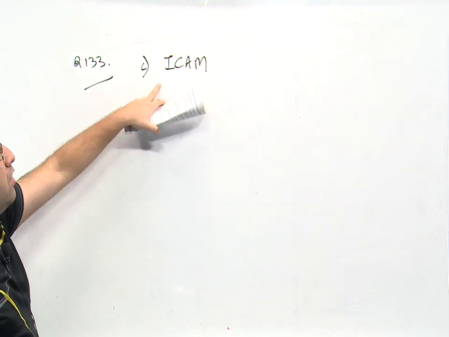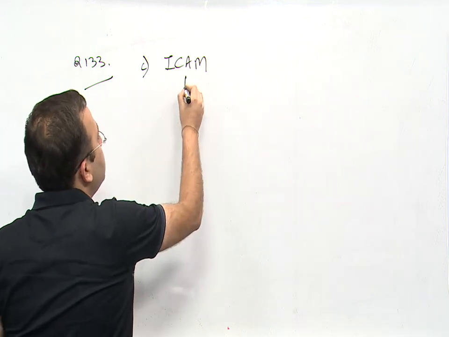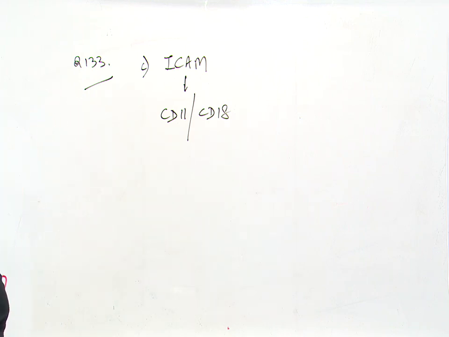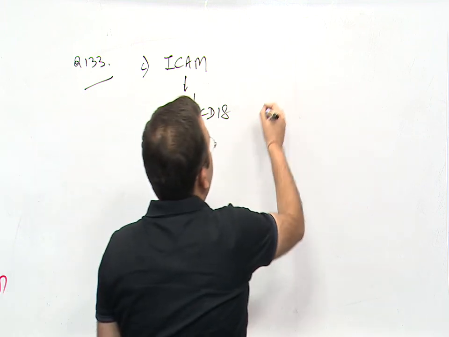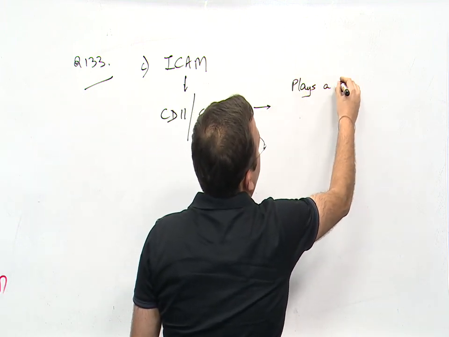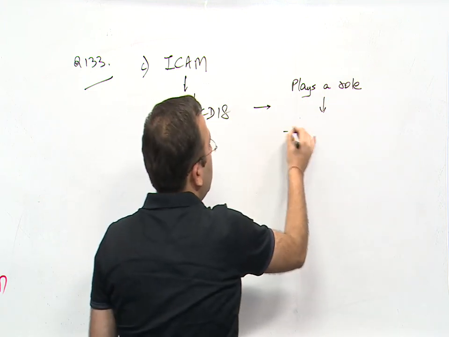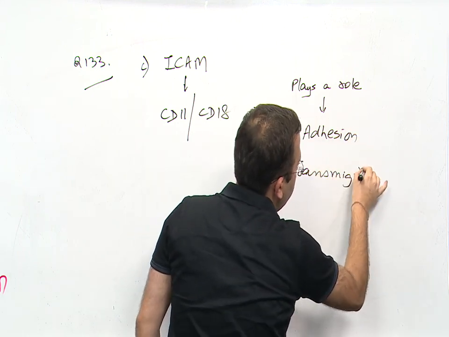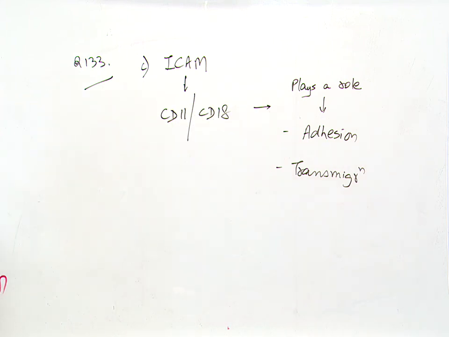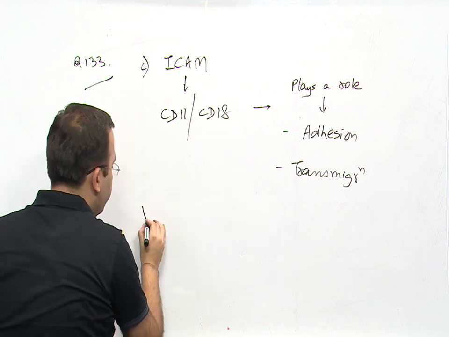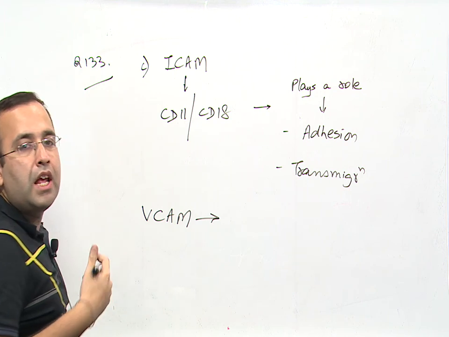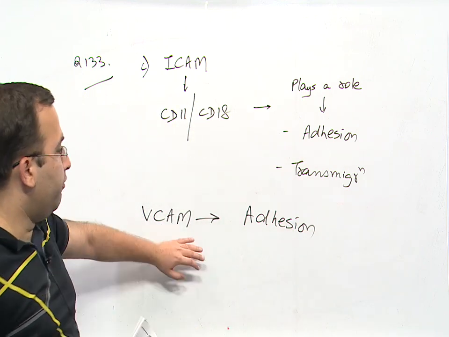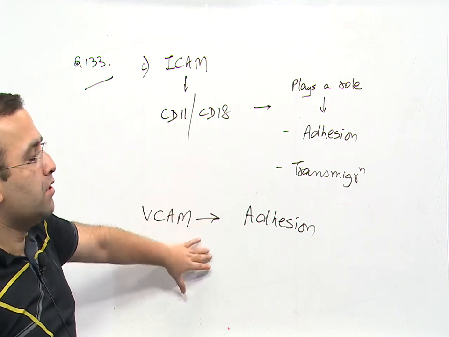ICAM1, that is intercellular cell adhesion molecule 1, binds CD11/CD18, and it plays a role in both adhesion as well as transmigration, whereas VCAM, vascular cell adhesion molecule, plays a role only in adhesion.